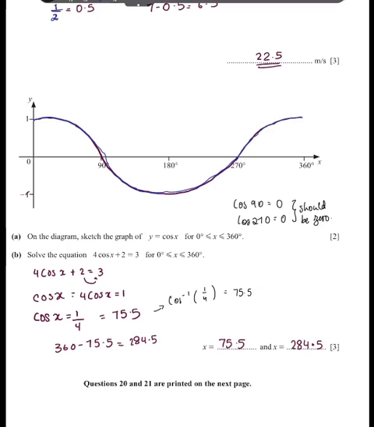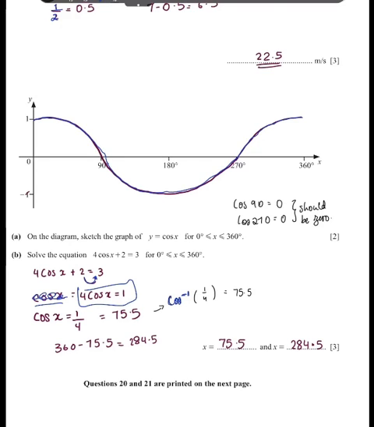Then solve the equation 4 cos x plus 2 is equal to 3. Here we can just bring this side, so it becomes 3 minus 2, which is 1. So we have 4 cos x is equal to 1. So that we can make it as cos x, so cos x is equal to 1 by 4, and x will be the inverse cos of 1 by 4.